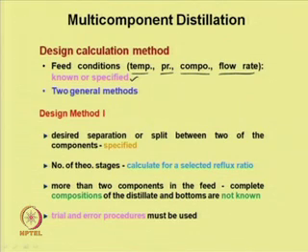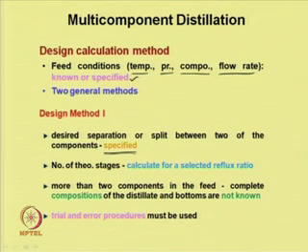One is method 1, where the desired separation or split between two of the components is specified. Now, the number of theoretical stages which we require can be calculated from a selected reflux ratio.